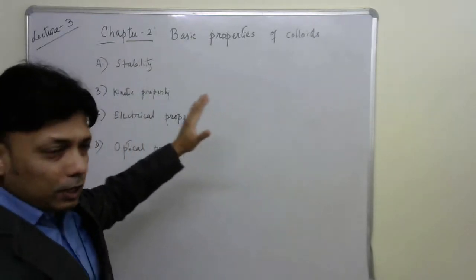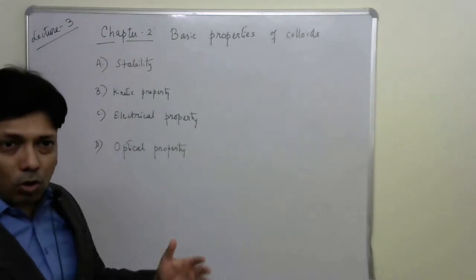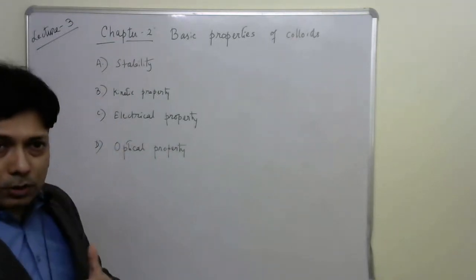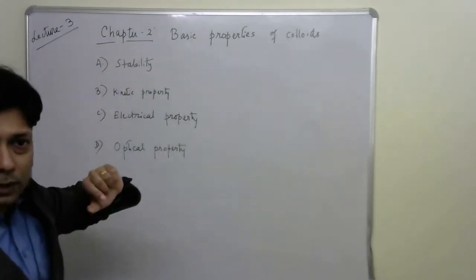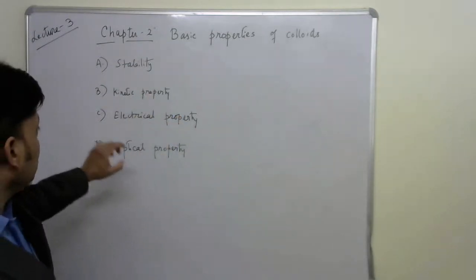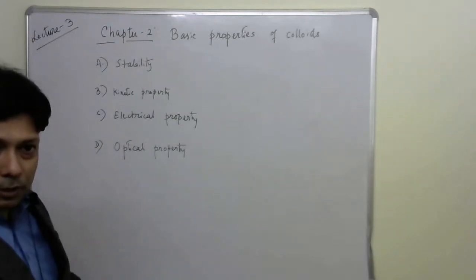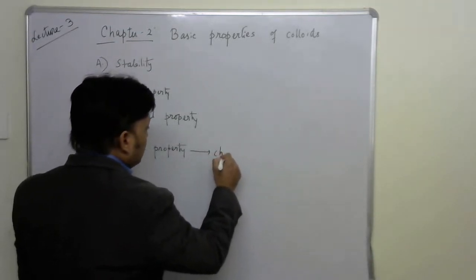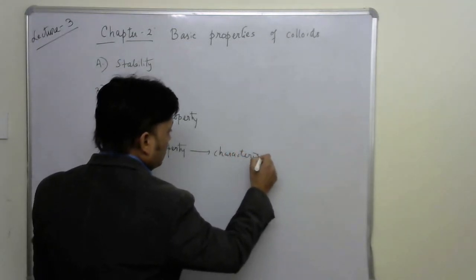This second chapter is quite a long chapter because four fundamental properties are to be discussed. Starting with the stability of colloids, then the kinetic property, then the electrical property, and lastly the optical property. The optical property is basically linked with the characterization of colloids.